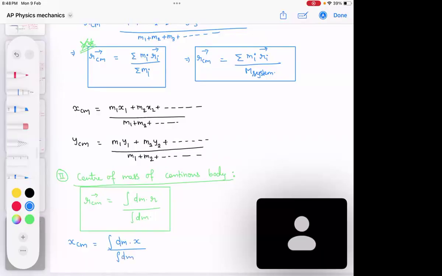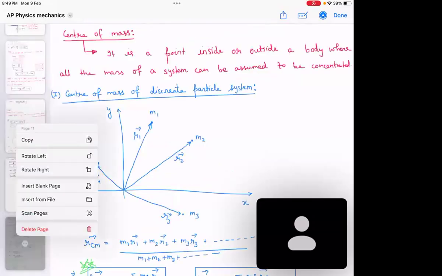What is x here? X is the x coordinate of the center of mass of the small element of the body. YCM: integration of dm into y divided by integration of dm. Like that, x, y, z coordinates we can calculate. Is it clear?